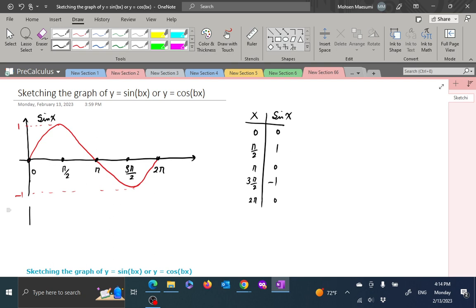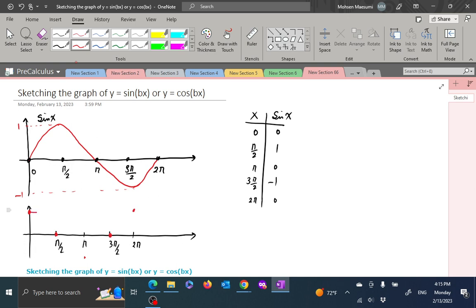Similarly, we had the same story for cosine. So cosine of x, again, at 0, pi over 2, pi, and then 3 pi over 2, and then 2 pi. At 0 we were at 1, at pi over 2 we were at 0, at pi we were at minus 1, at 3 pi over 2 0 again, and then back to 1.